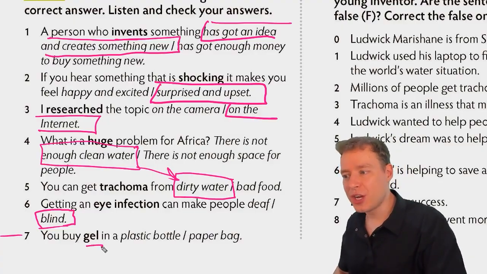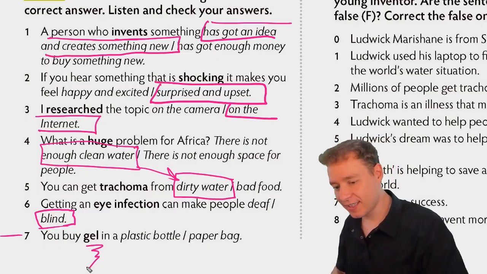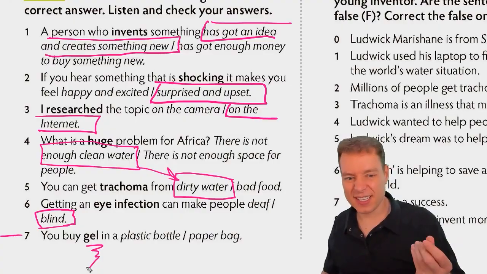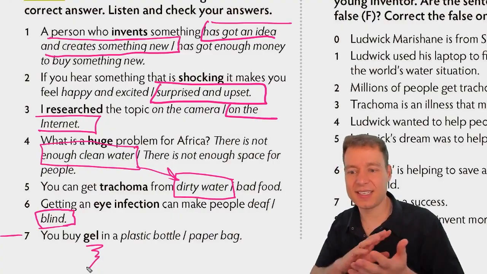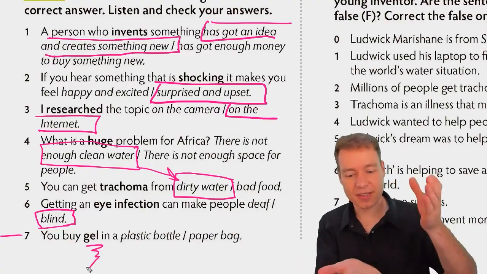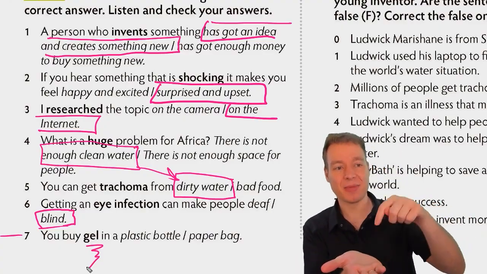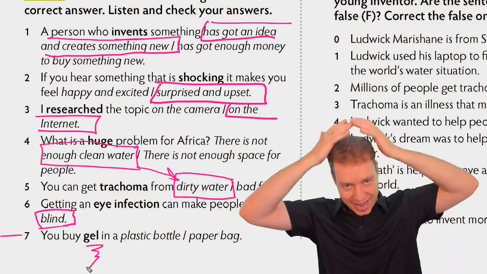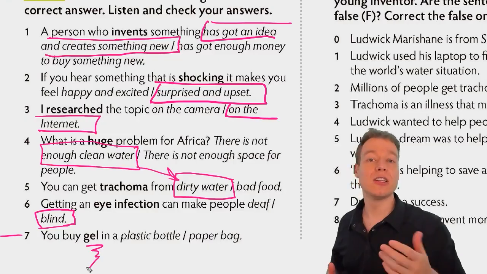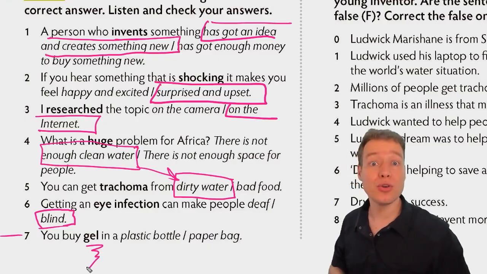You buy gel in a plastic bottle or a paper bag. Gel is not liquid like water, but it is like sticky, thick liquid. Gel is something that you squeeze out of a bottle onto your hand, and then you put it on your hair, or you put it on your face. It's like lotion. It's like shampoo.